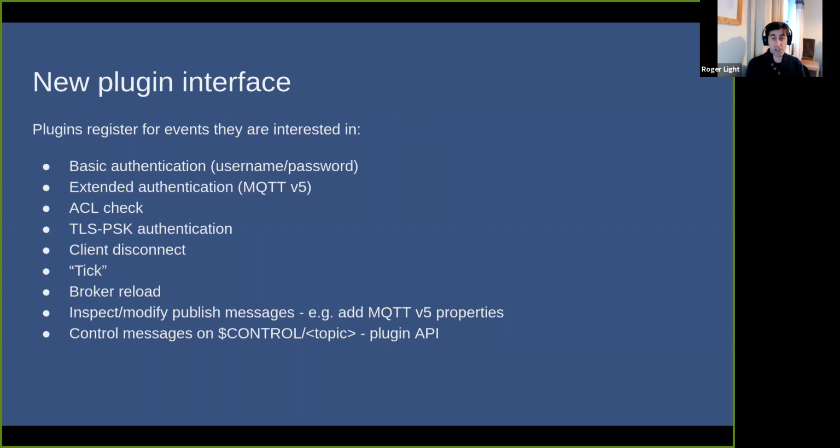So I've produced an example plugin which will add an MQTT v5 property to every single message that is published to the broker. It's a user property type property, which just adds a timestamp of when the message was received by the broker. Subsequently, any MQTT v5 clients that connect and subscribe to that topic will receive the message with that property, and they'll know how stale that message is.